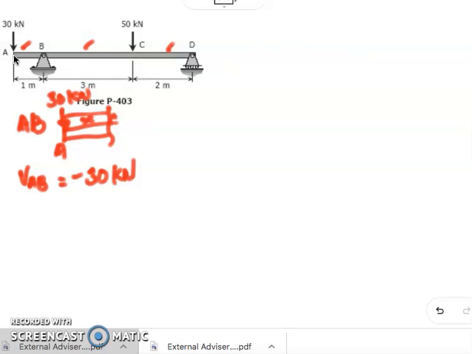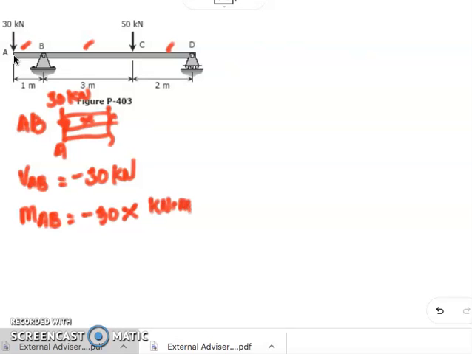For the moment AB, we have the couple: 30 in a counterclockwise direction, so negative 30 multiplied by the moment arm distance x. So we have negative 30x, in kilonewton meter.